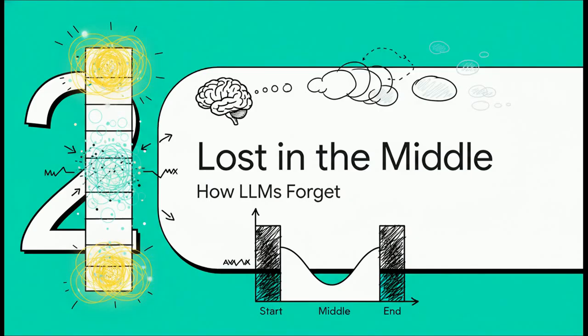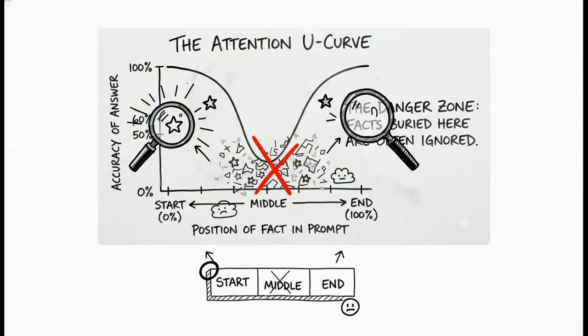And we can actually see what this looks like. Take a look at this graph. This is the attention U-curve, and it is so important to understand. You've got answer accuracy on the side and the position of the fact in the text along the bottom. And you see this pattern, right? The model is fantastic at remembering stuff from the very beginning and the very end. But that giant dip in the middle, that's the danger zone.